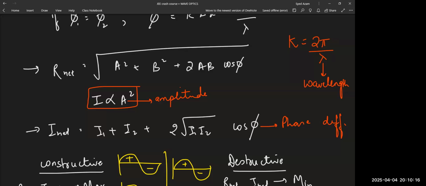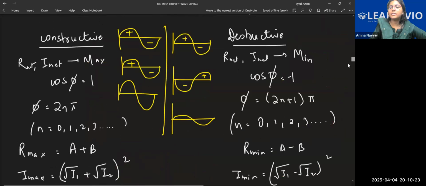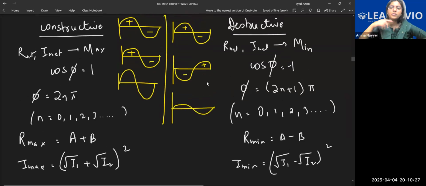Done? Yes, ma'am. Okay, let's start with. Okay, this part also you have not written. Just write down this constructive and destructive also. Because this maximum and minimum, we are going to use it in this coming question only.